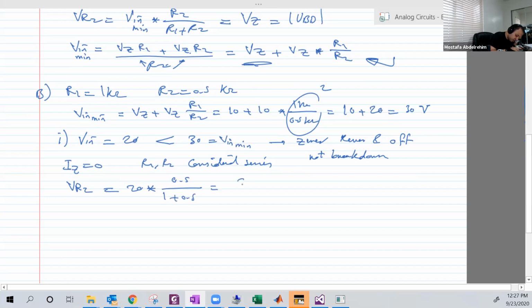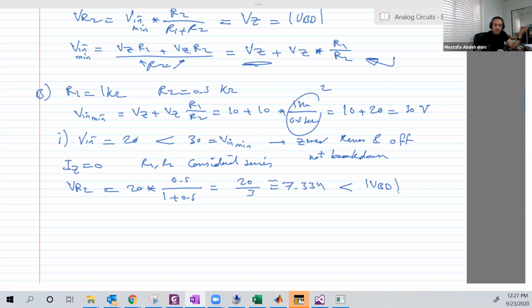So this is 20 over 3. That's 7 point something, you know, 7.33, something like this. Let's do it that way. Okay, which is basically less than V breakdown. And that's your check.